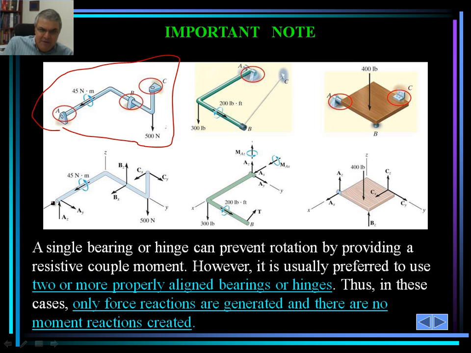In this case, x is in this direction, and y and z are also shown. So x, y, z are shown as such. And again, for example, in this case, A is pretty much free to move in the x direction. As such, the reactions would be only in the y and z direction, and so on.